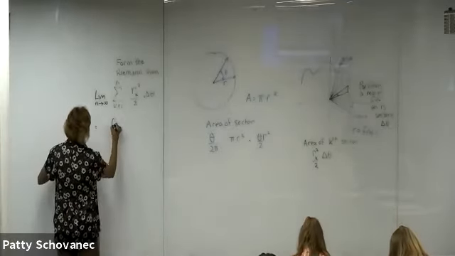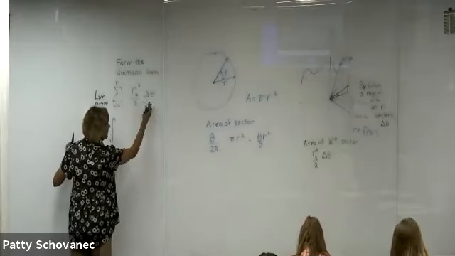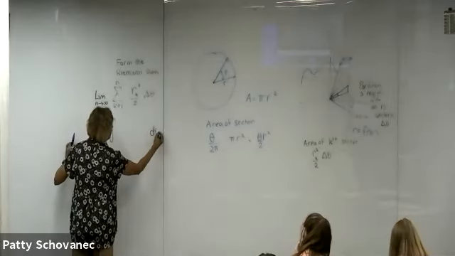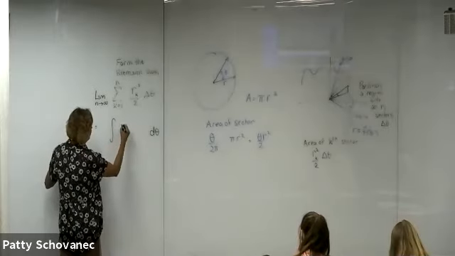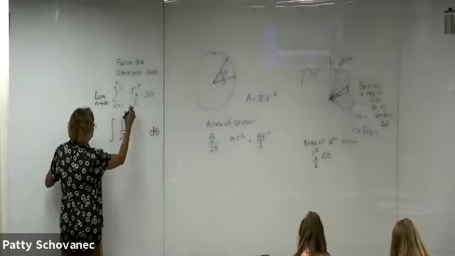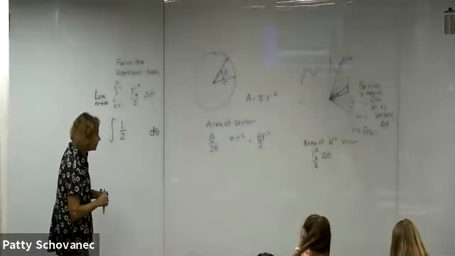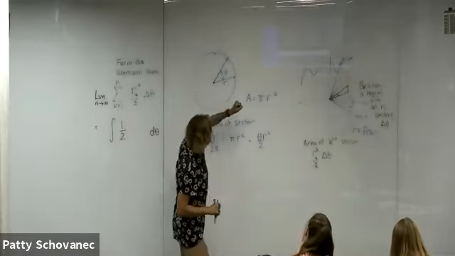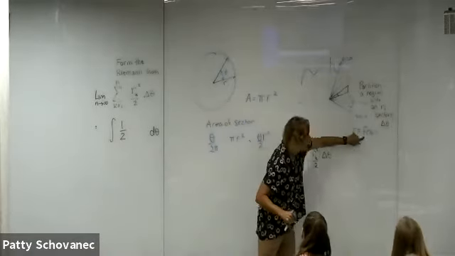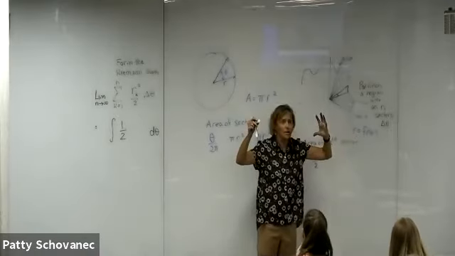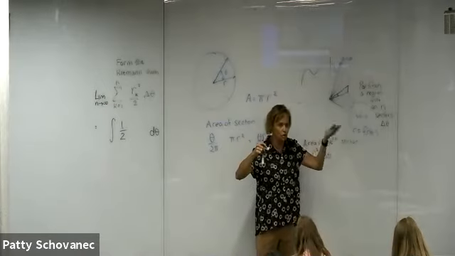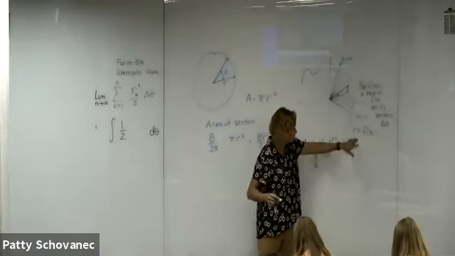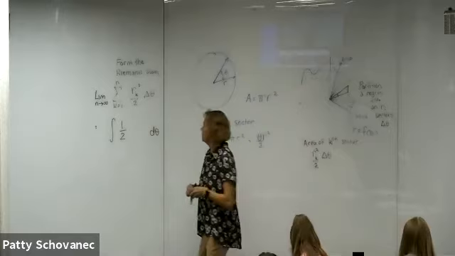We get an integral. Theta is the independent variable. I'm going to have a factor of a half here. And then I've got my r squared. Well, what was r? r is whatever that equation is, one of our shapes. r is cosine theta. r is 2 plus 2 cosine theta, whatever the function is.